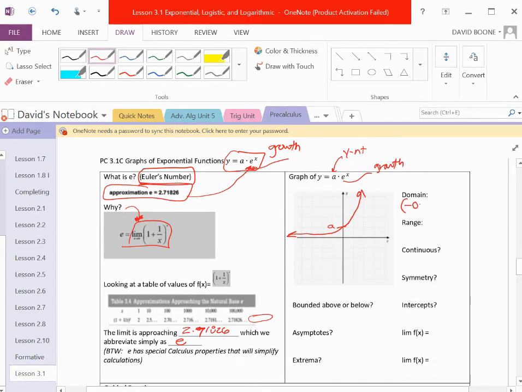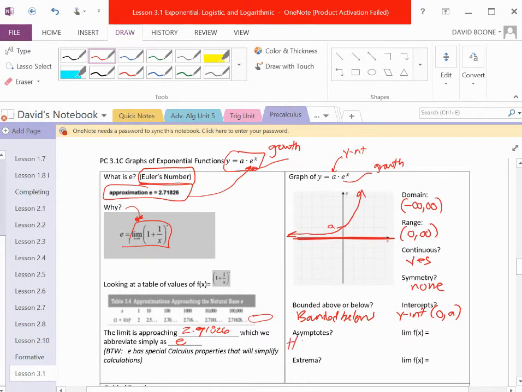So, our domain is still negative infinity to infinity, and the range is still 0 to infinity. Yes, this is continuous because I never have to pick up my pencil. No, there is no symmetry. The intercepts, there is a y-intercept at 0 and whatever that a value happens to be. This is, again, still bounded below, because, again, it doesn't go any lower than that.